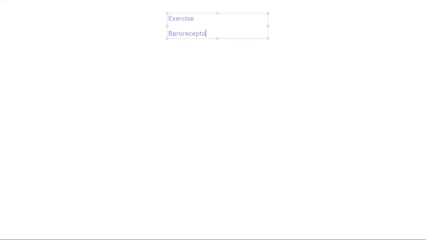Baroreceptor is the sensory receptor that controls blood pressure. It's going to send its information to the brain, and the brain is going to respond in two different ways. What are the two different ways? Parasympathetic and sympathetic. Okay, so the parasympathetic, is it going to increase or decrease its activity? Decrease. Yes, because we're exercising. So decrease parasympathetic nervous system activity through what?